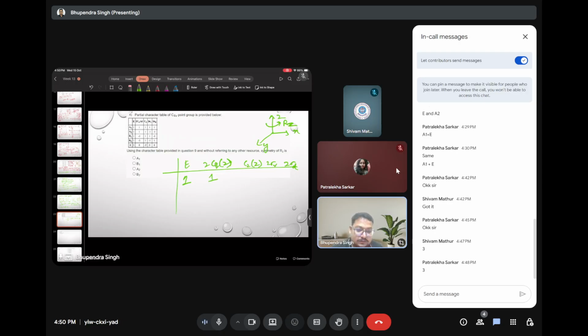For C2, it is also along the Z direction. They are asking for the symmetry of RZ, so the character should be 1. For sigma V, it should be -1. Sigma D, it is -1.